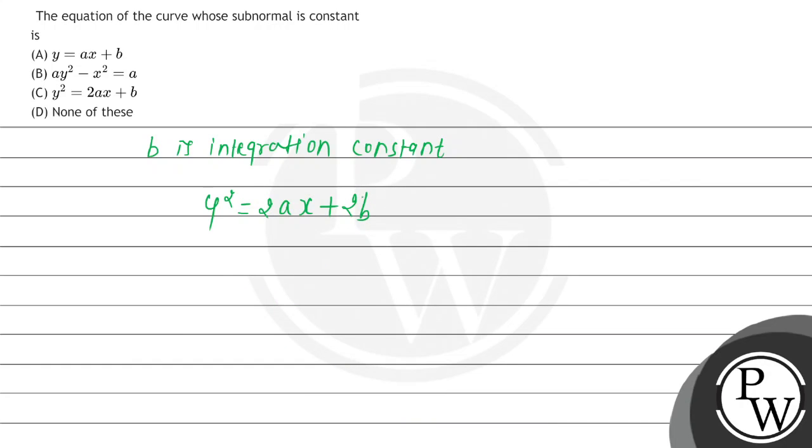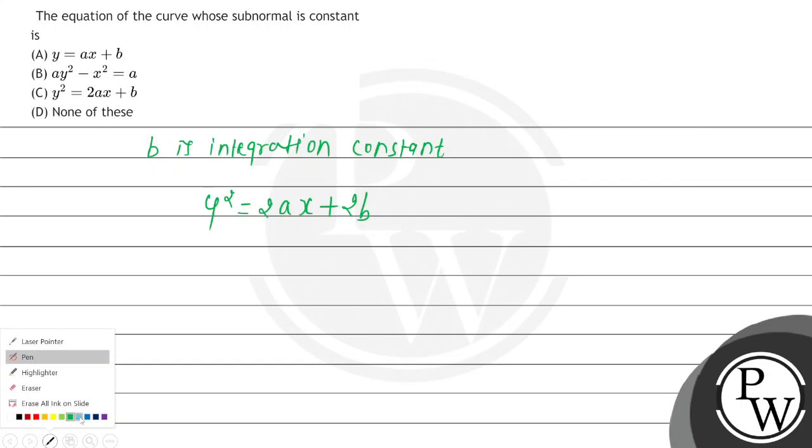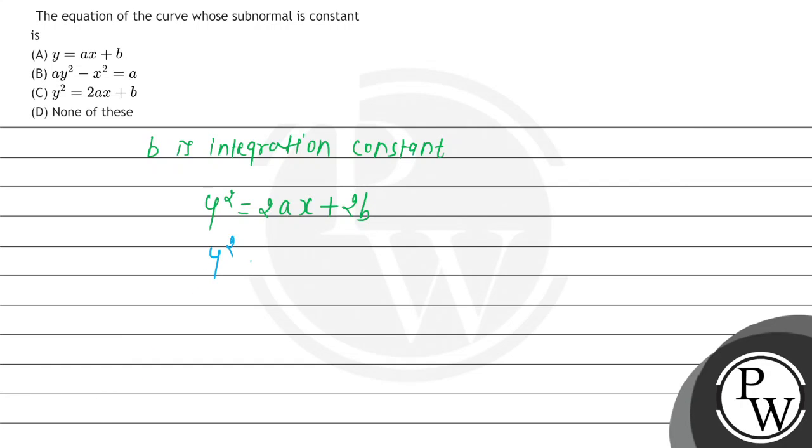We know that this is an integration constant, so we can replace it by b as well. So y square is equal to 2ax plus b, because it is an integration constant and can hold any value. So this is our final answer. So option C is right. Hope you found this solution understandable. Thank you.